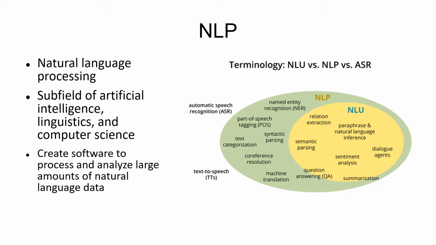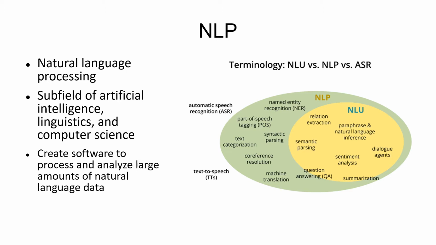Natural language processing, NLP, is a subfield of artificial intelligence, linguistics, and computer science. It is concerned with computers and human language interaction, mainly how to develop software to process and analyze large amounts of natural language data.